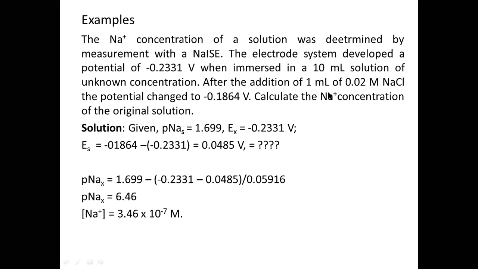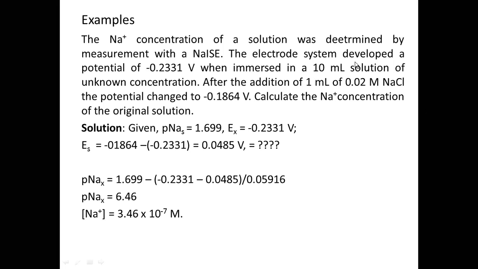Standard addition was made. 1 ml of 0.02 molar sodium chloride was added. And the total EMF in the presence of sodium in the sample as well as sodium in the standard shows a potential of minus 0.1864 volts. What is the concentration of sodium in the original solution?